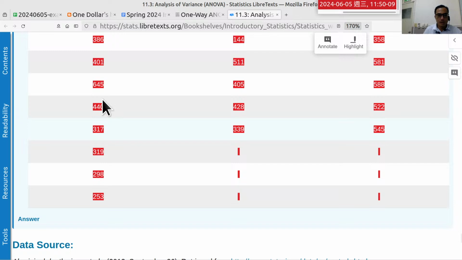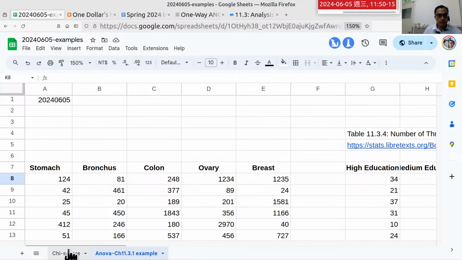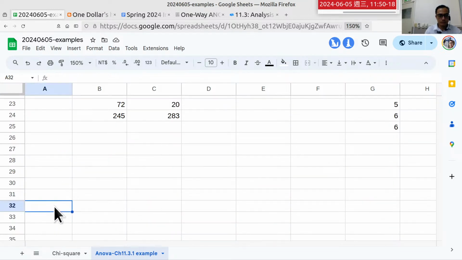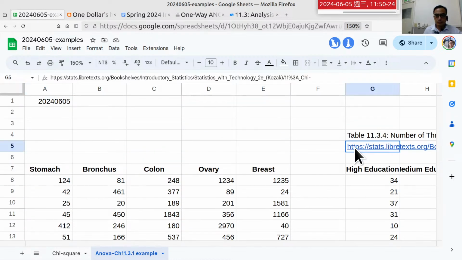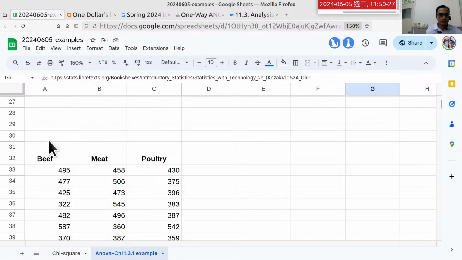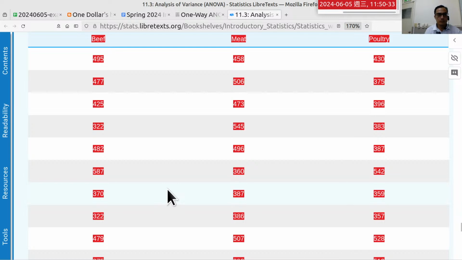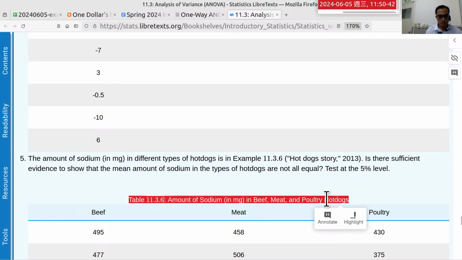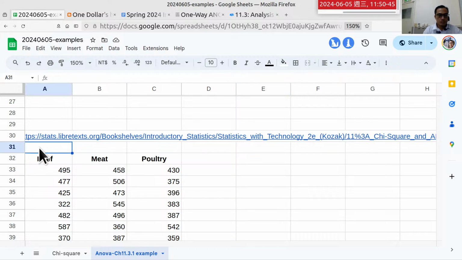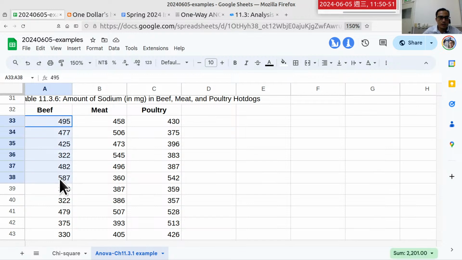Copy. Paste. Q5. Okay, then transfer the information.